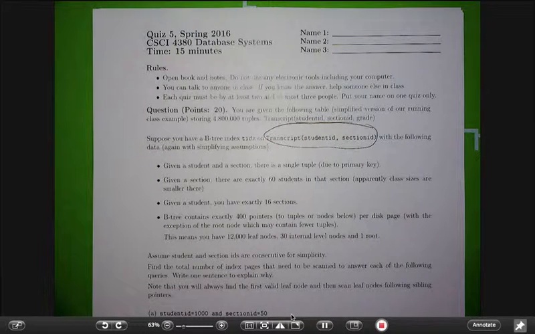That means you have consecutively all the tuples for a single student in the leaf node, then all the tuples for the next student. So all the tuples for a student are the tuples for different, which attribute? Sections, right?